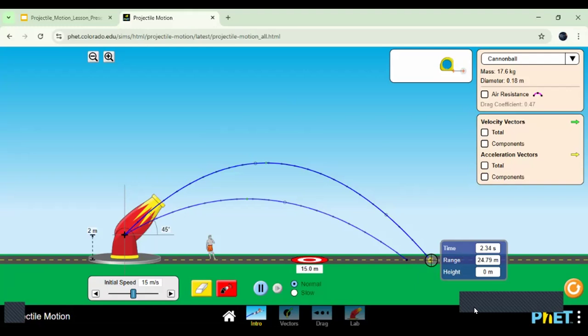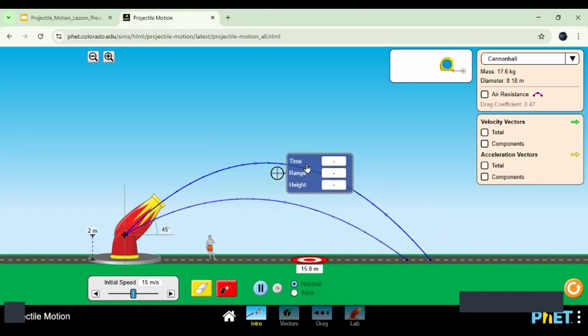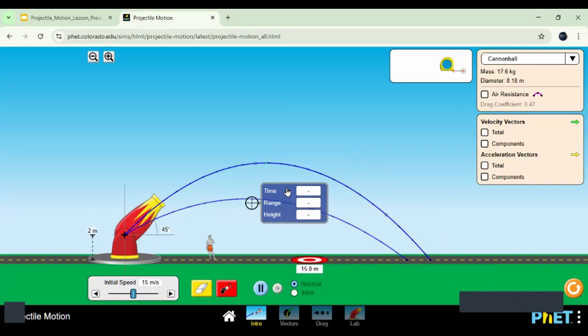So it went further away. This is 24.79 meters. And then let's check the height. As you can see, the height has increased. The height is 7.7 meters. Let's check the height for 30 degrees, the highest point.